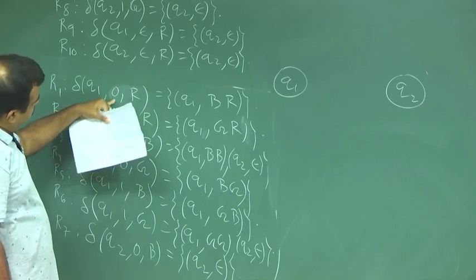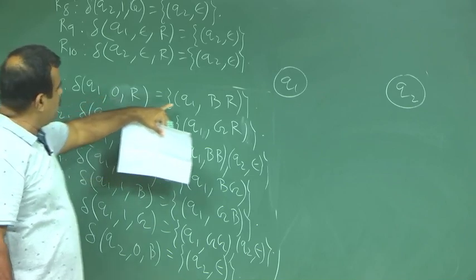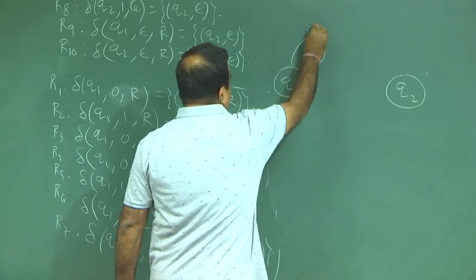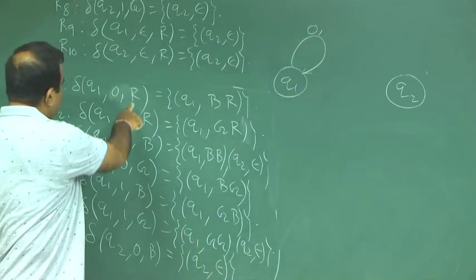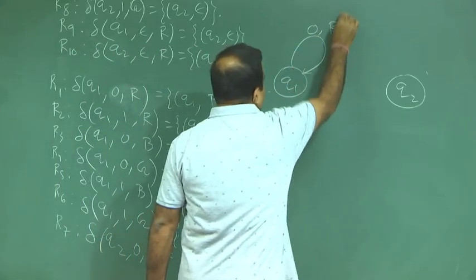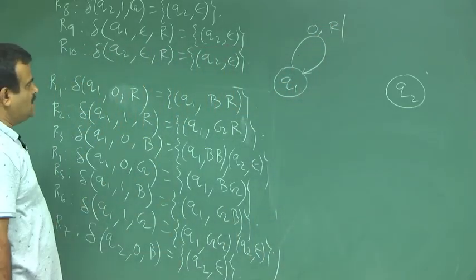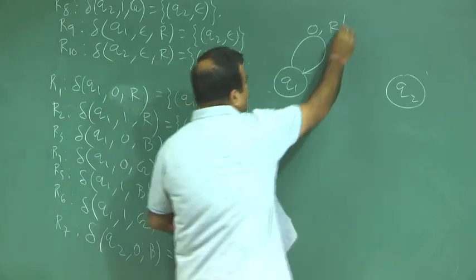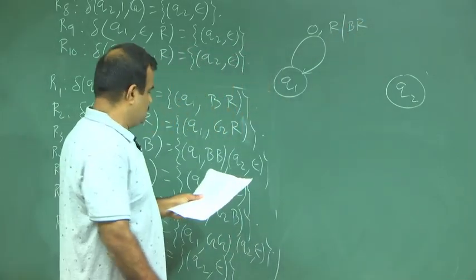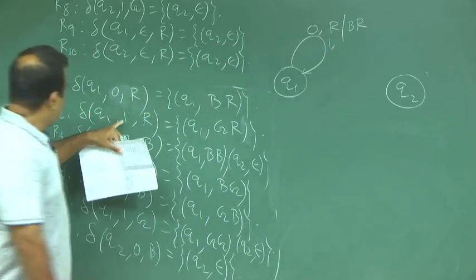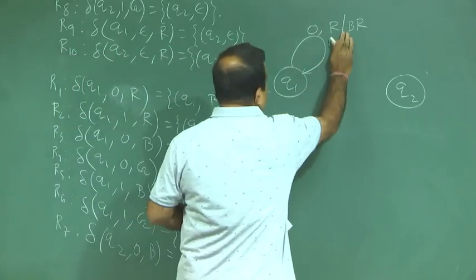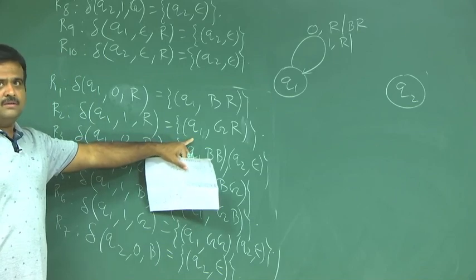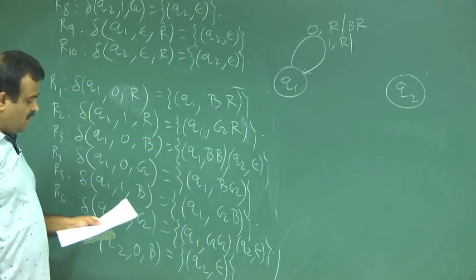From Q1 if we see a 0 and the top of the stack is R, it is going to the same state Q1 and the stack symbol R is replaced by B R. That is the way we usually write it. Similarly, if we see a 1 and we see an R over here, it will remain at Q1 and the stack will be G R.